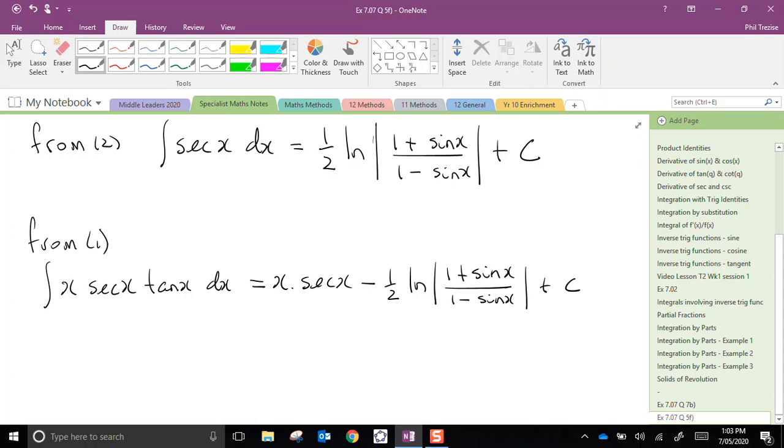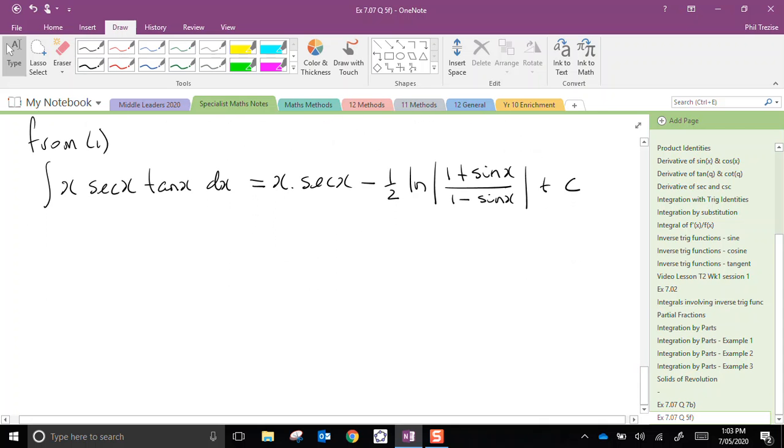Now, in my opinion, that would be a reasonable place to finish, but that doesn't quite match what's written in the answers at the back of the textbook. So now it just becomes a matter of using a little bit of algebraic manipulation until we get something that looks the same as what's in the textbook. Now, I'm going to employ a little algebraic trick here.